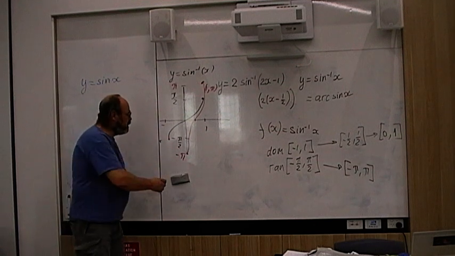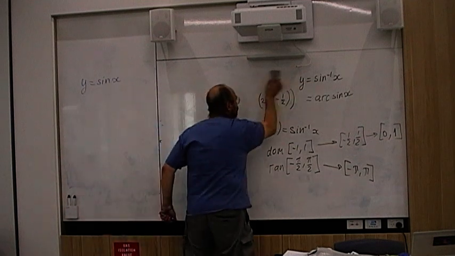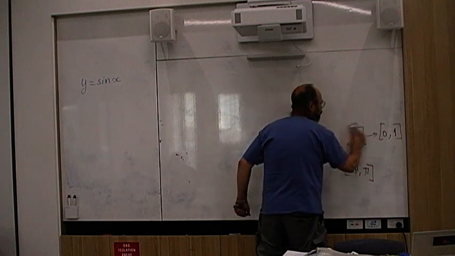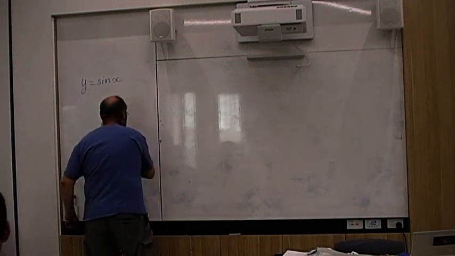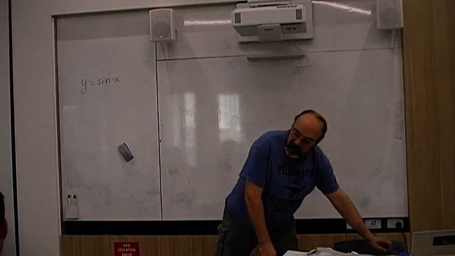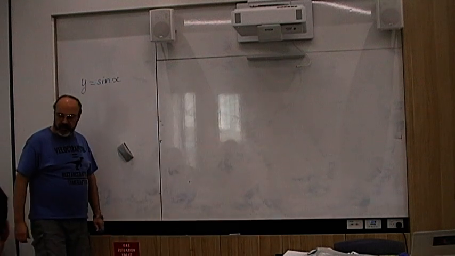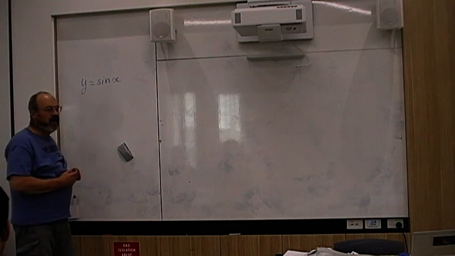Now, let's see inverse cos. What will be the inverse cos graph? Again, to sketch the inverse cos graph, we need to identify where cos is a 1-to-1 function.